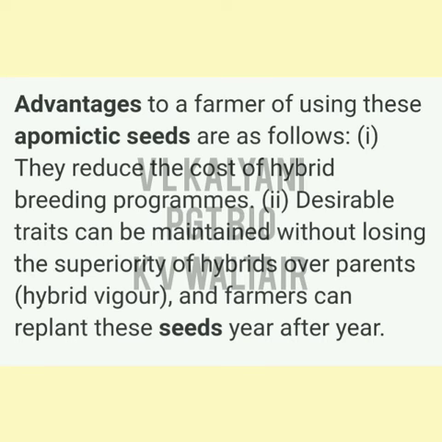If they continue for the next generation with the same seed, then the seeds will have different characters. It will not be exactly the same variety. Suppose you take these hybrid seeds and cross them again, you will get segregation.